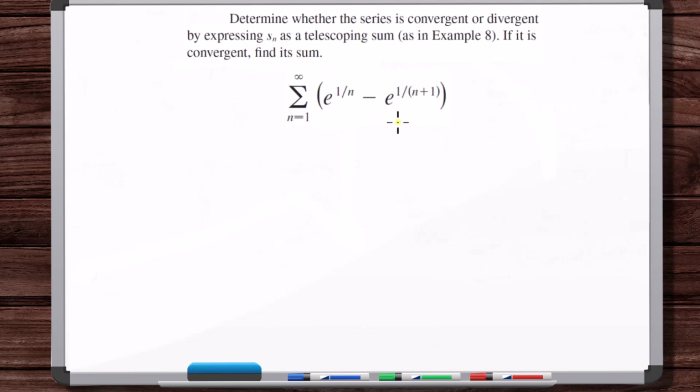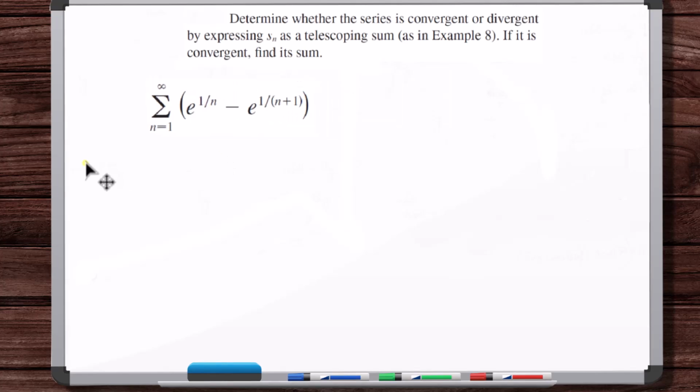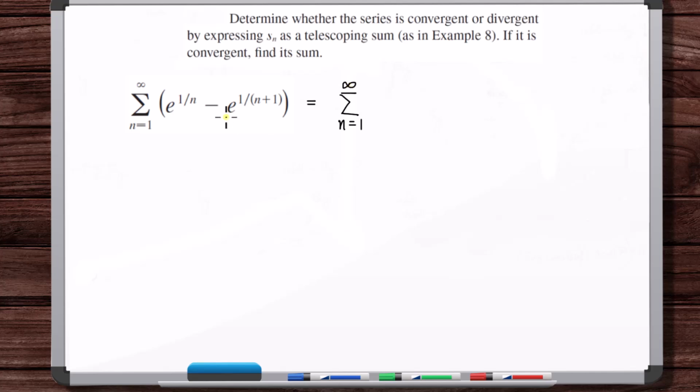Okay, so let's bring this over here. I would think it'd be nice if we could take the natural log of each term of the sequence. Then we could get rid of those e's for the time being.